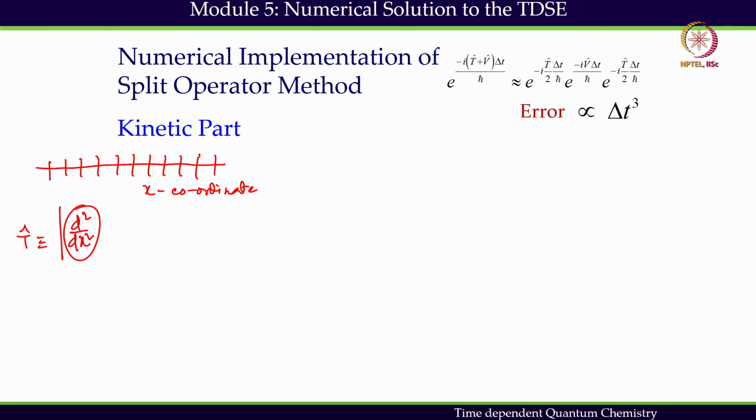Because it's a second derivative, the T operator has adopted a tri-diagonal matrix.